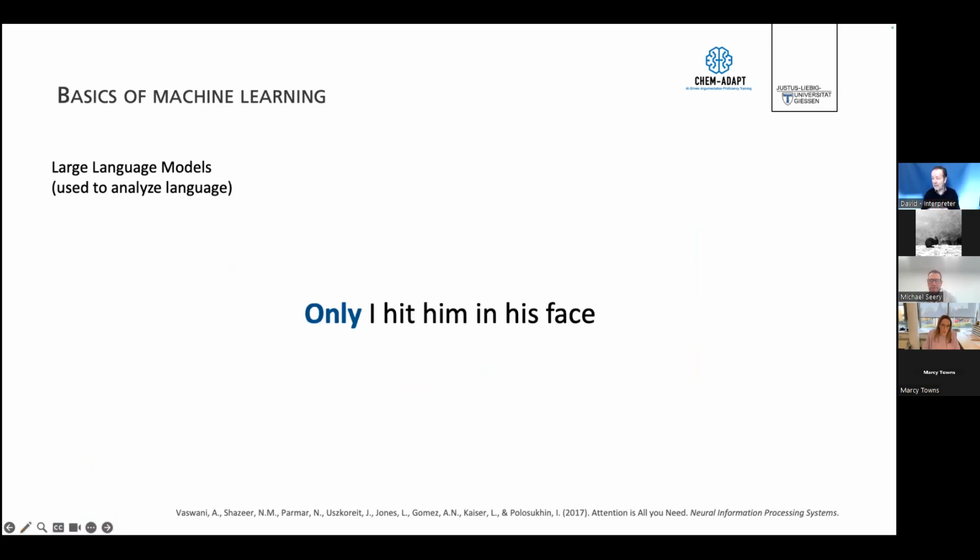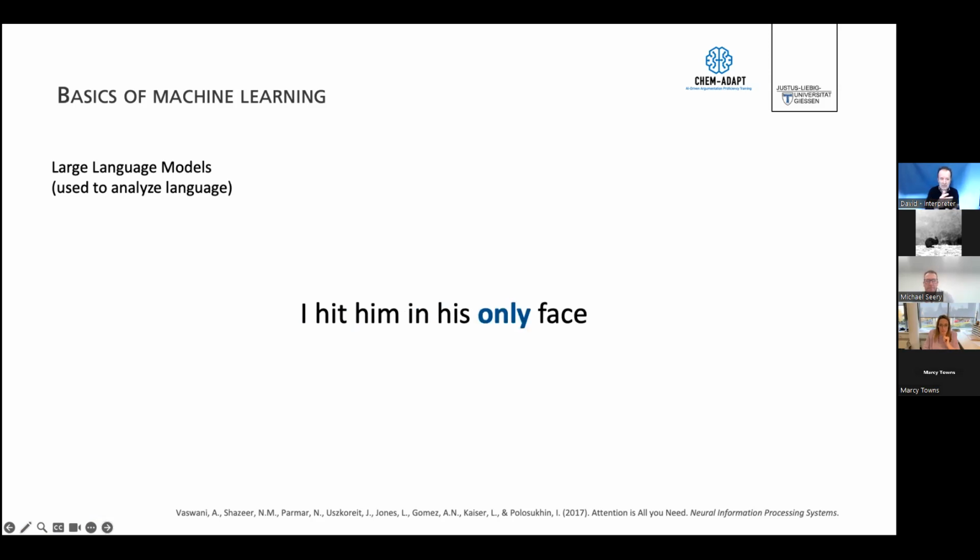For example, if I would give you that sentence, this has a certain meaning, but just by changing slightly the place of the word that is highlighted here, this changed the meaning, and I'm not changing the words here. I'm just changing the place of that word, but I can continue doing that. And so a large language model is capable of detecting the differences between these different sentences.